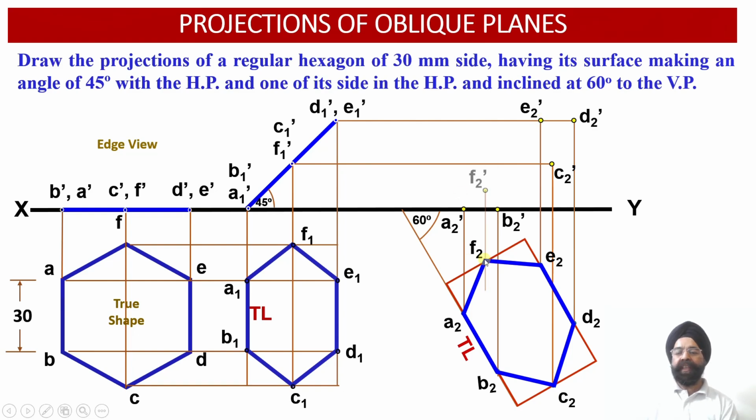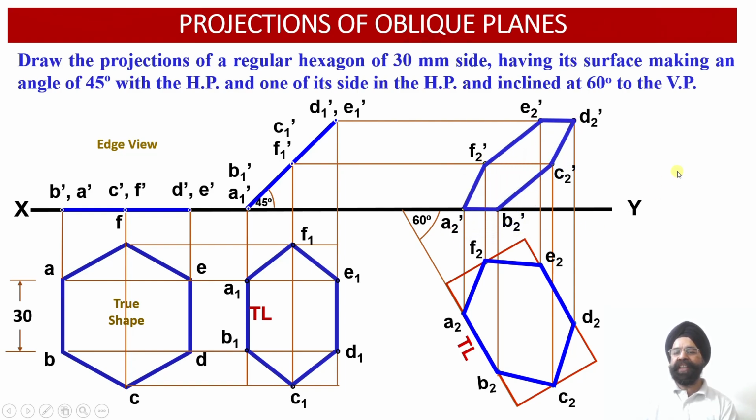And finally, the intersection of the vertical projector drawn through the point F2 and the horizontal projector line which has been drawn through the point F1 dash provides us with the final intersection point, that is F2 point in the front view, F2 dash. So the 6 points of the lamina in the front view have been identified.